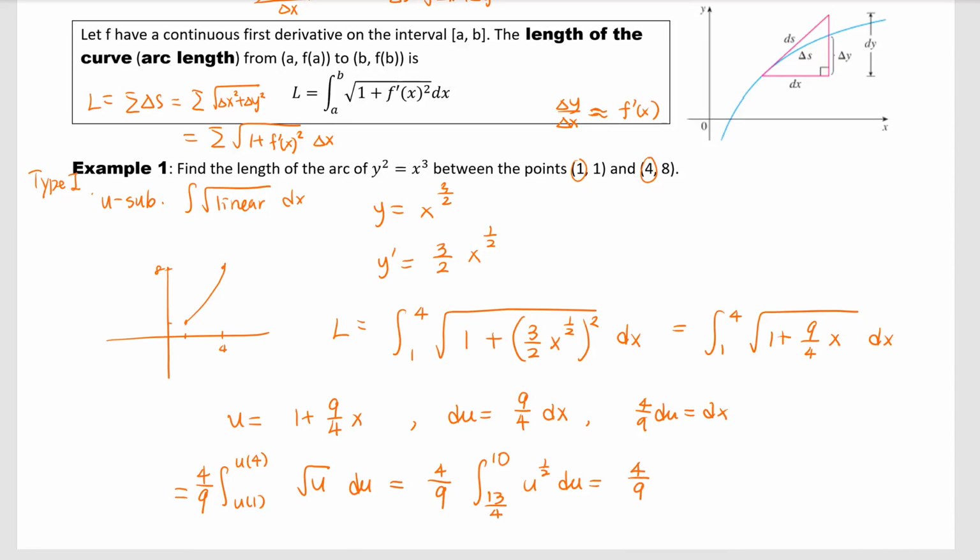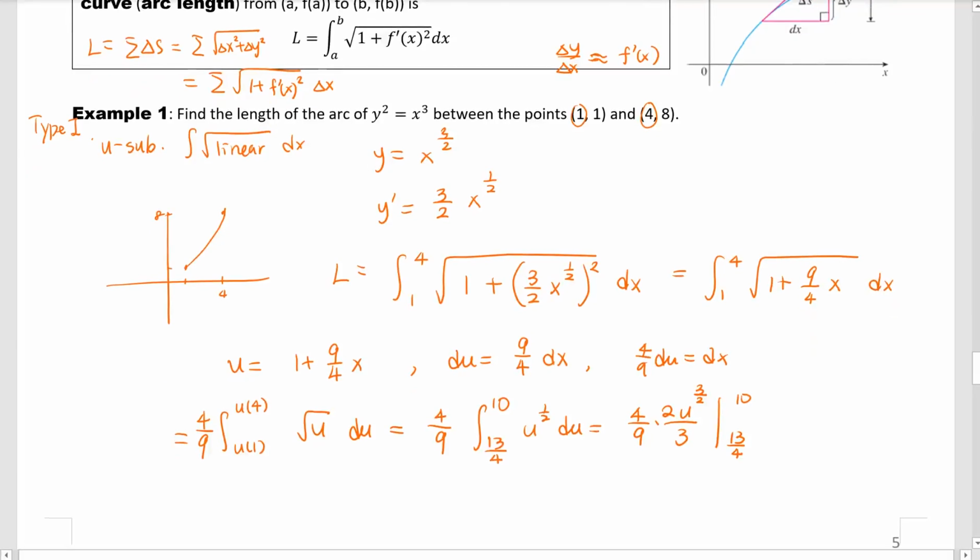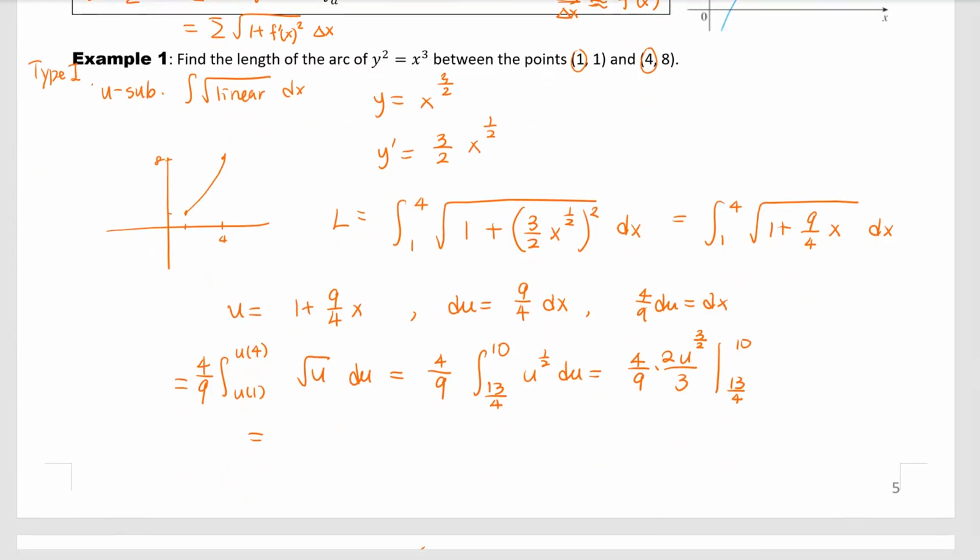All right, integral of u to the 1/2, you add 1 to the exponent. So u to the 3/2, divided by 3/2. Evaluate from 13/4 to 10. What is that? That's the same as 8/27. Then we plug in 10 first, subtract, and plug in 13/4 to the 3/2.